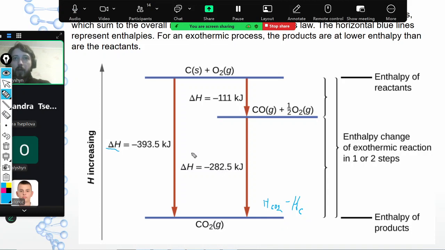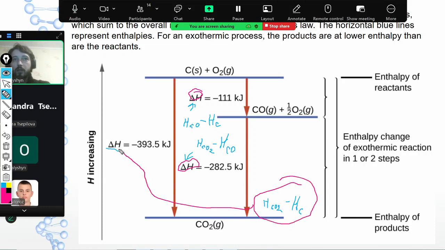In this case, I have this delta H, that is H of CO2 minus H of CO, and I have this one that is basically H of CO minus H of C. And now do you see how I need to combine these things to get what I want? What should I do?